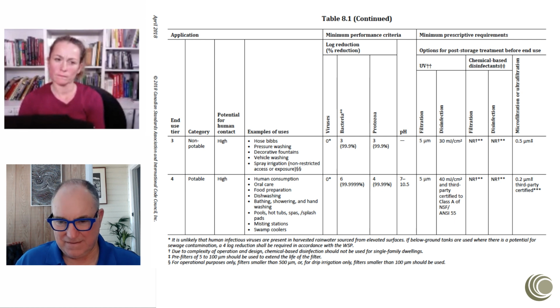But that's the most credible guideline in the country, possibly the world. And what they do say is your common sense applies. So we've had a lot of common sense management of rainwater harvesting for a century in Australia.